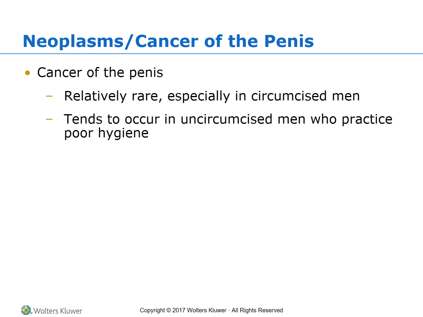The signs and symptoms can be a growth or lesion on the glans, foreskin, or shaft of the penis. The color may change, and the penile skin may become thick. There's unexplained pain of the penis, swollen lymph nodes in the groin, and irregular swelling at the end of the penis.